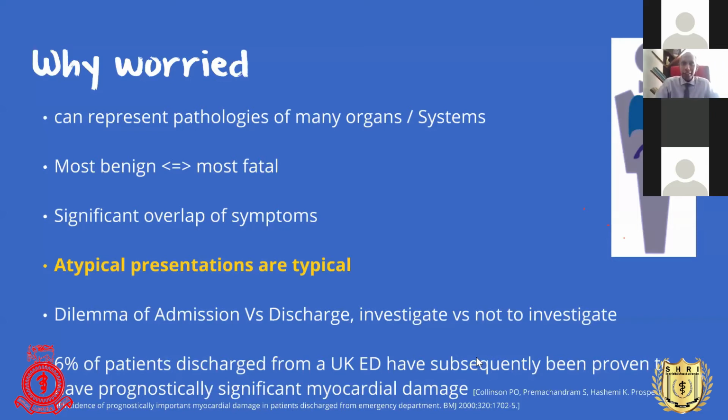We all know that the visceral afferent systems of our chest wall have overlaps, so from the type of pain or the associated symptoms, we can't exactly say that this pain arises from the heart, this one from the esophagus, this one from the pleura. There are lots of overlaps. And even though I'm going to discuss typical presentations, there are lots of atypical presentations. So the atypical presentations are typical.